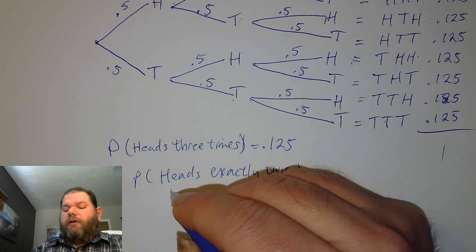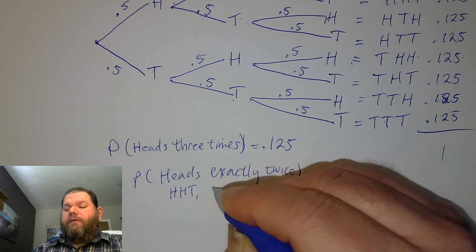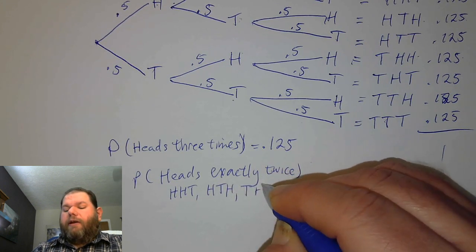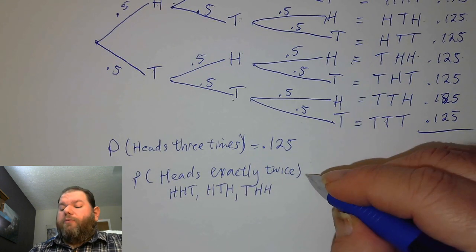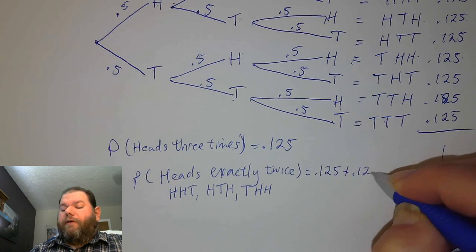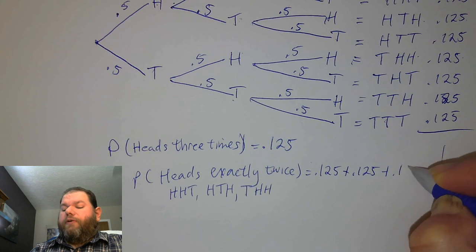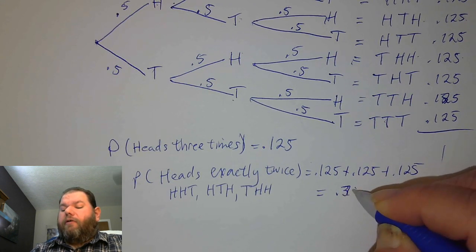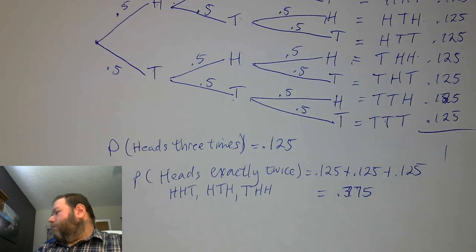And this would be heads, heads, tails, heads, tails, heads, and tails, heads, heads, would be 0.125 plus 0.125 plus 0.125, which is 0.375. Okay?